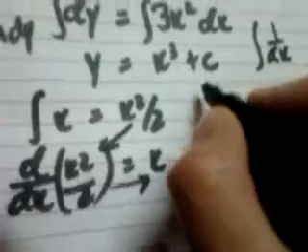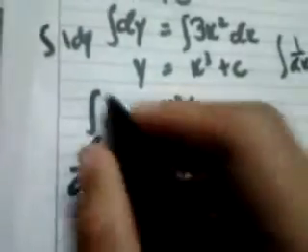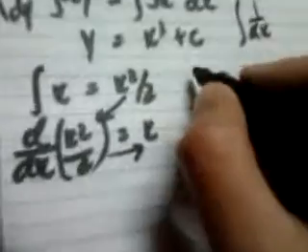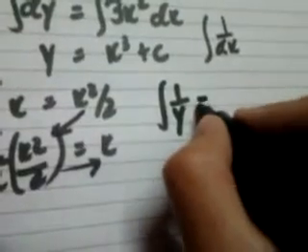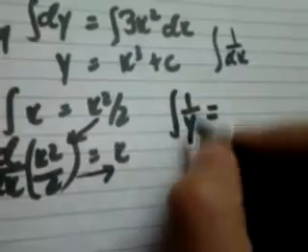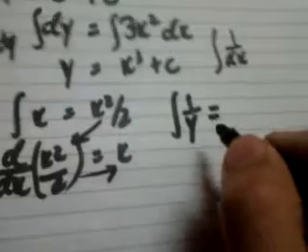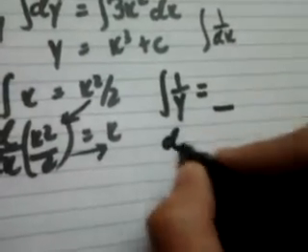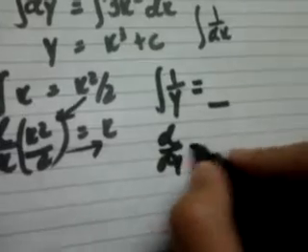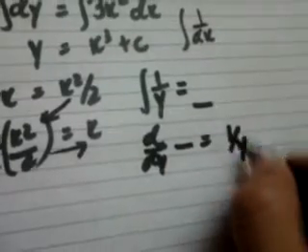That's why integration is called antiderivative. Okay, let's not delve there. So what's the integration of 1 by y going to be? Integration of 1 by y is another way of saying the differentiation of what will give 1 by y.